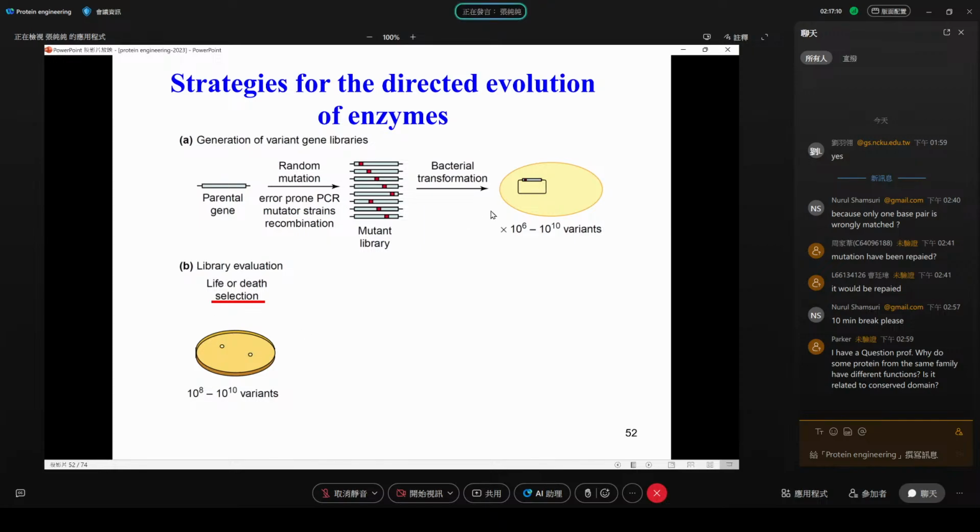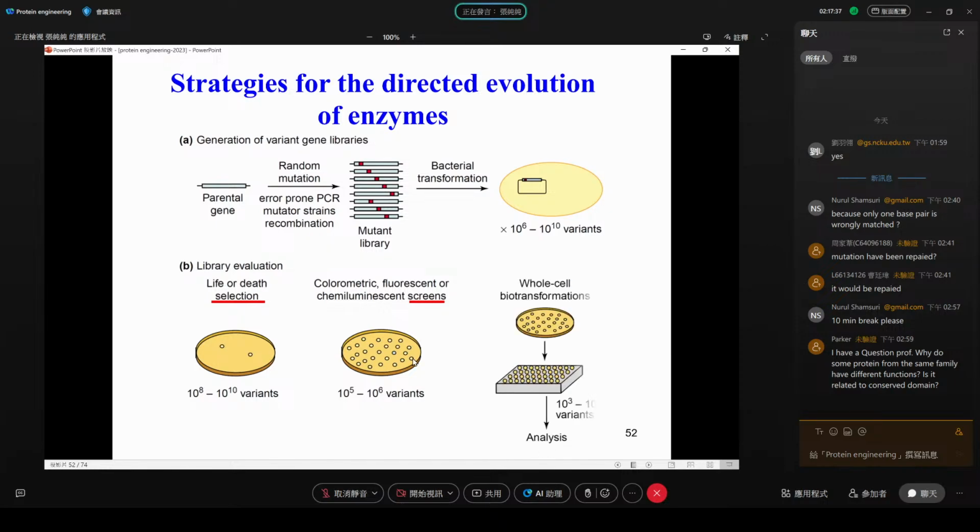In screening, you want to check one by one for their activity. In selection, you need to set up certain criteria. Only some colonies can grow under this kind of stress or condition, like an antibody selection, an enzymatic selection, or a thermal stability selection. And with screening, you have to check one by one.